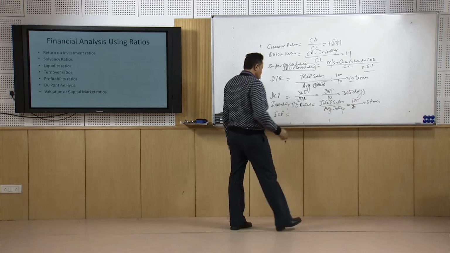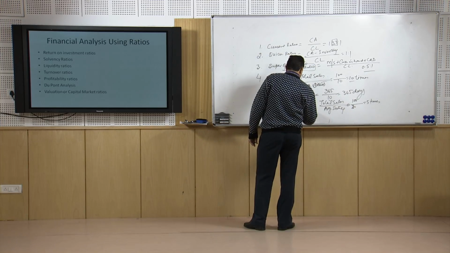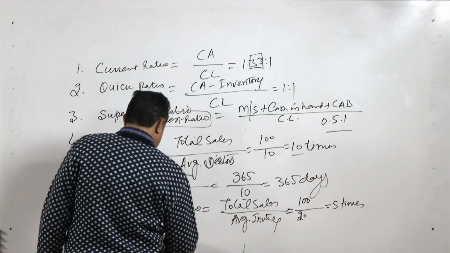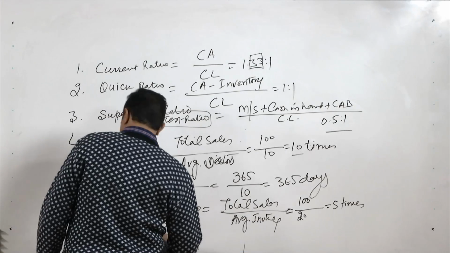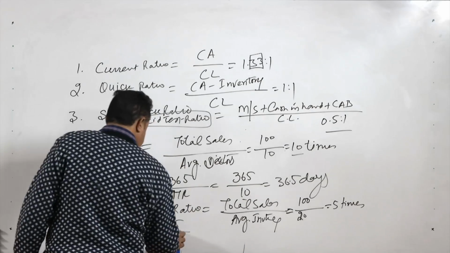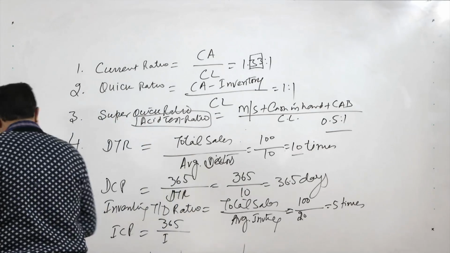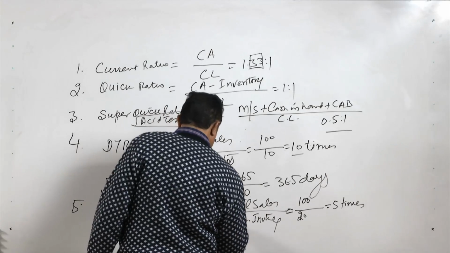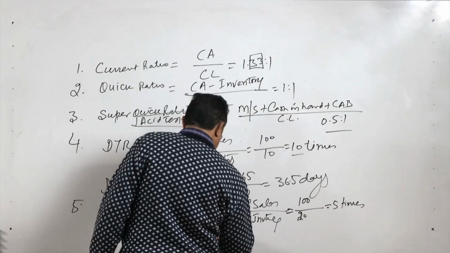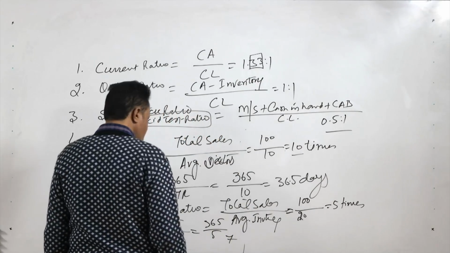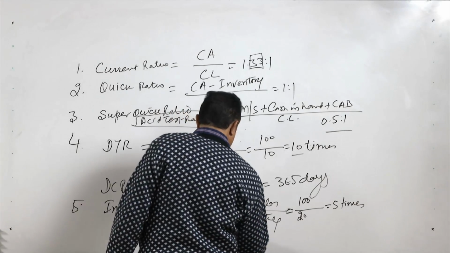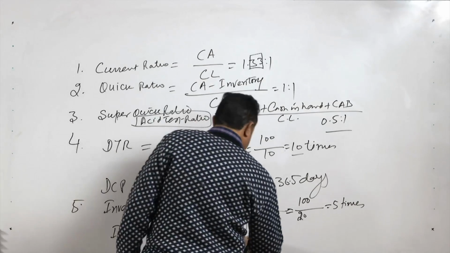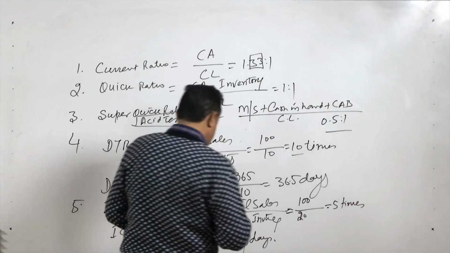Here also we use the same method: 365 divided by inventory turnover ratio, ITR, and we have calculated it as 5 times. So, it is 365 divided by 5, that is 73 days, meaning in 73 days the inventory is being converted into cash.